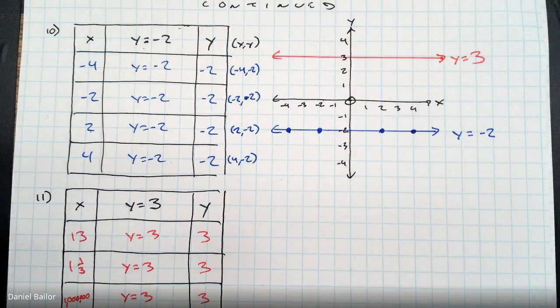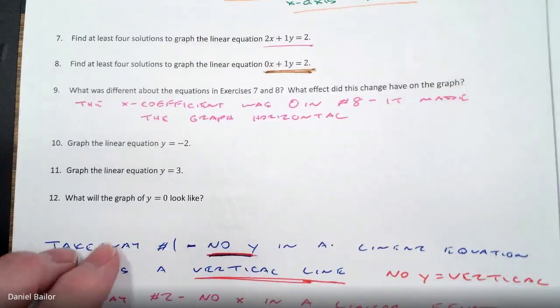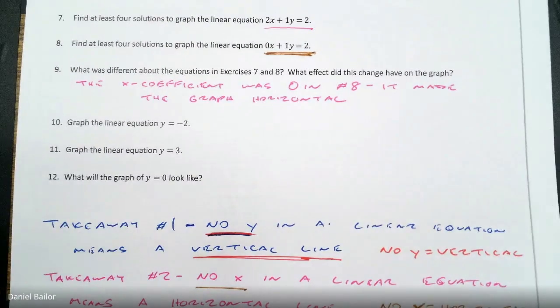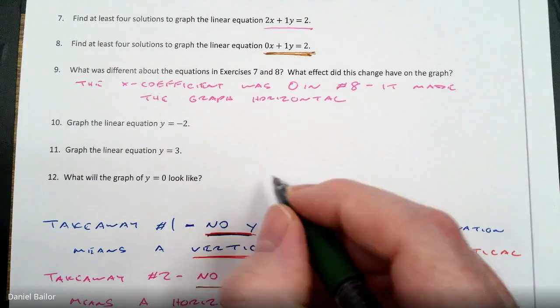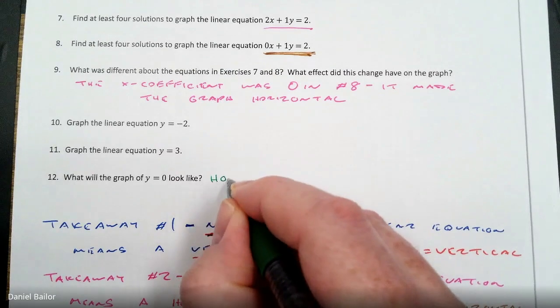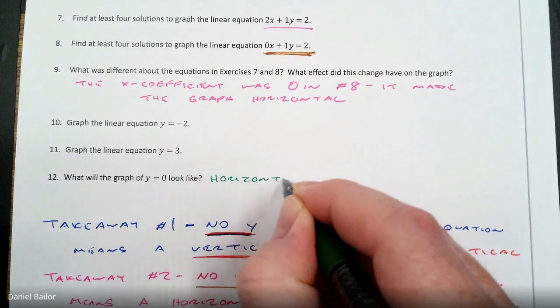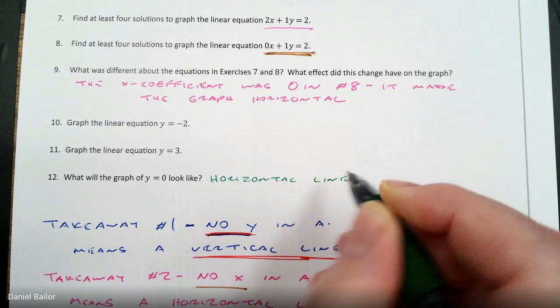That's our takeaway. So number 12, what will the graph of y equals 0 look like? Well, it will be a horizontal line because there's no x.